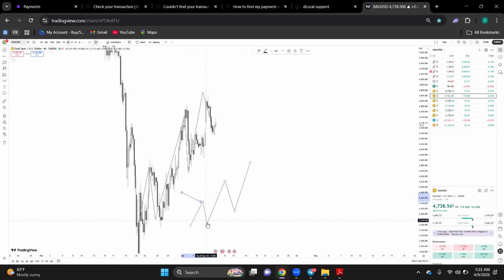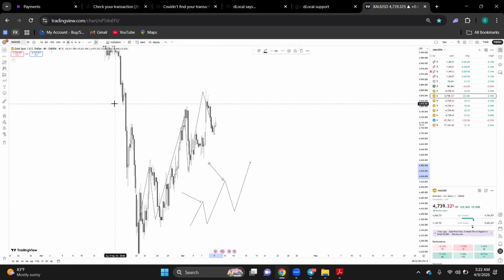So let's say price makes a higher high, higher low, and then a higher high. There's always going to be a point in price that will propel this rejection for price to give us a continuation in the underlying trend.